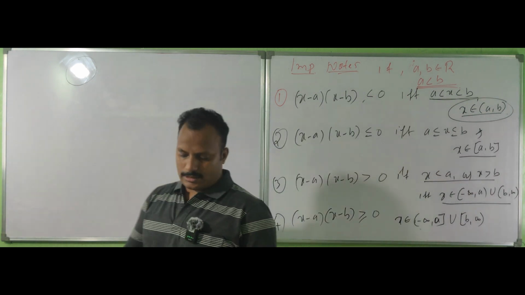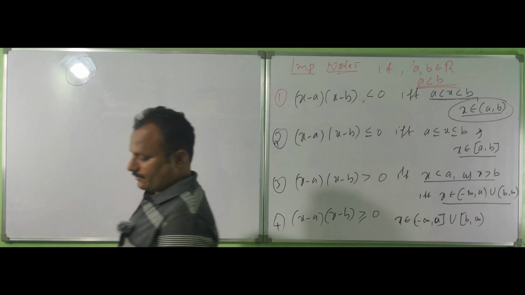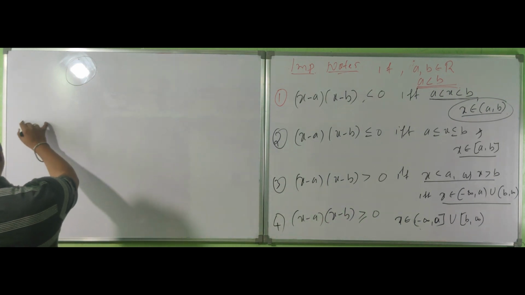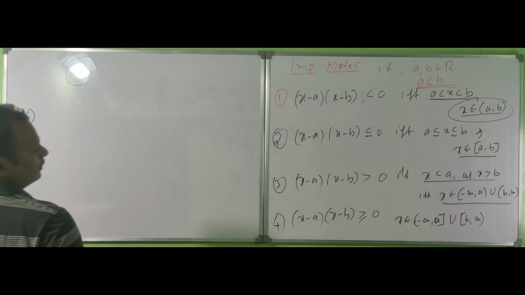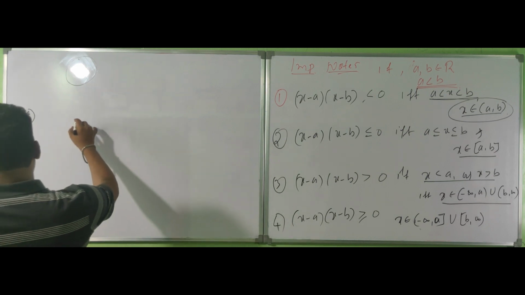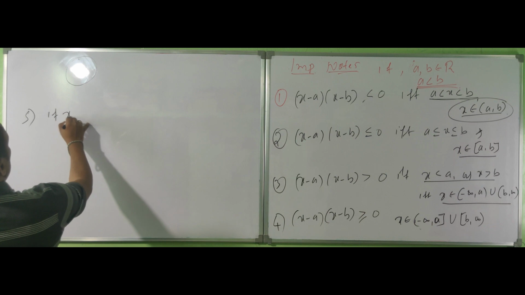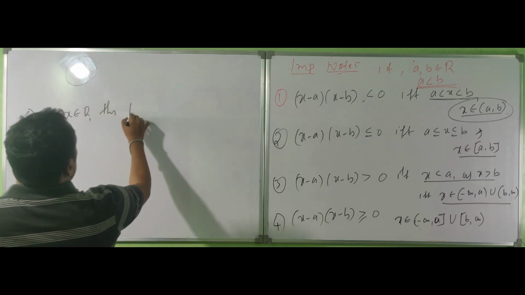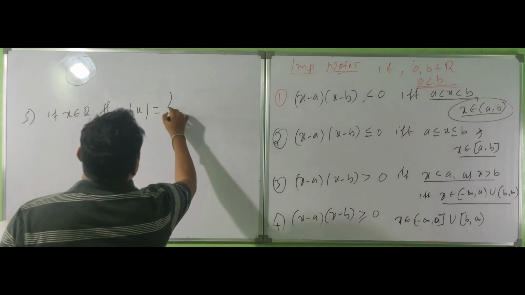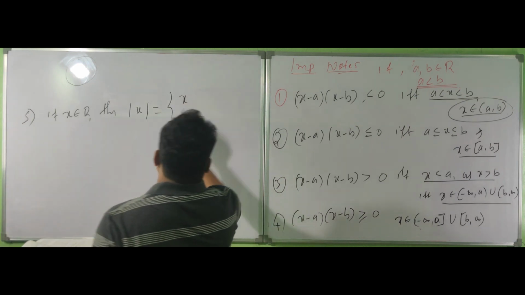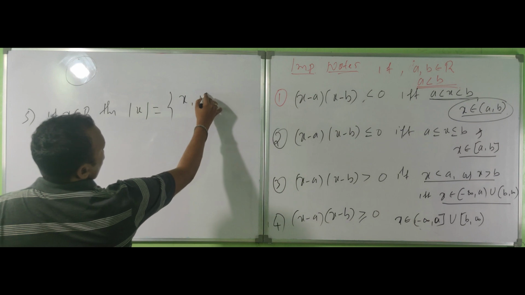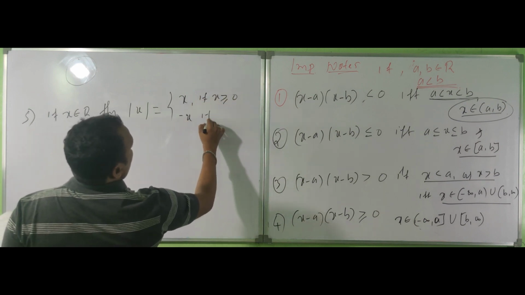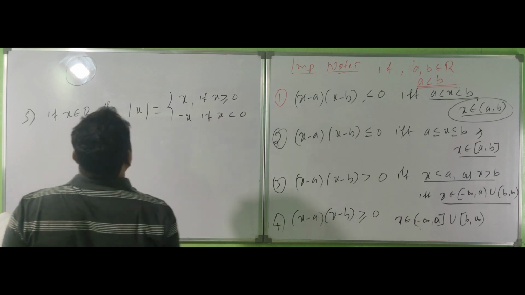And another one is there, the mod function. Fifth one: if x belongs to R, then mod of x is equal to x if x is greater than or equal to 0, and minus x if x is less than 0.